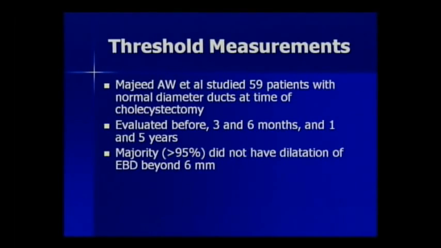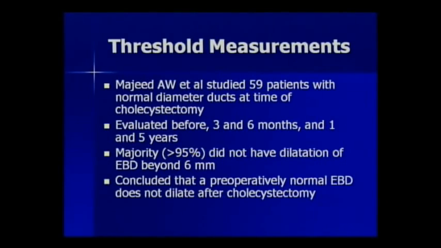What they found was the majority, greater than 95%, did not have dilatation of their extrahepatic bile duct beyond 6 millimeters. Now these are patients who had normal bile ducts at the time of cholecystectomy. So they concluded that a preoperative normal extrahepatic bile duct does not dilate after cholecystectomy.